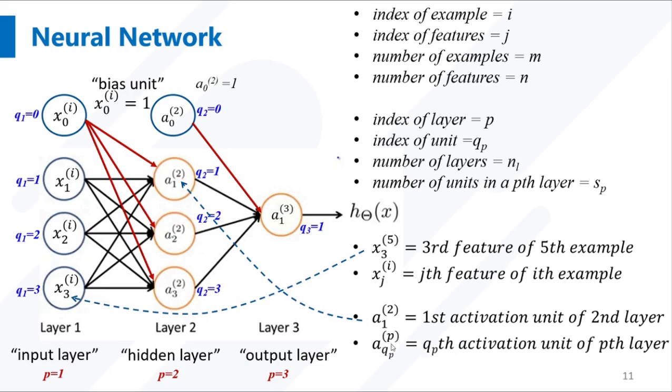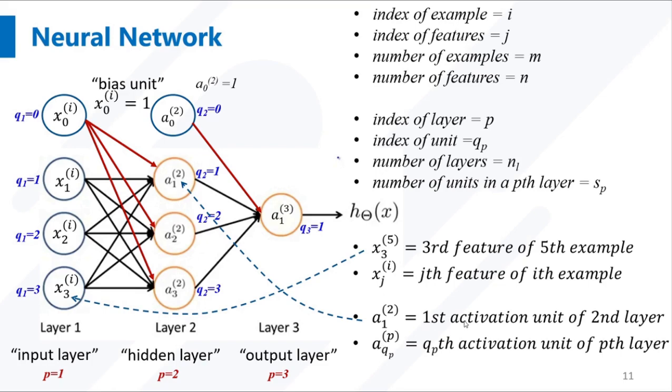If I generalize it, I should say a_qp(p), that means the qpth activation unit of the pth layer. qp means, for example, q1, q2, q3, and p is your layer number. So p is the layer, qp is your unit index for the pth layer.